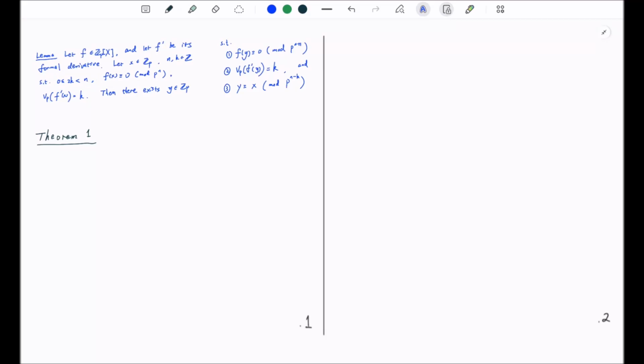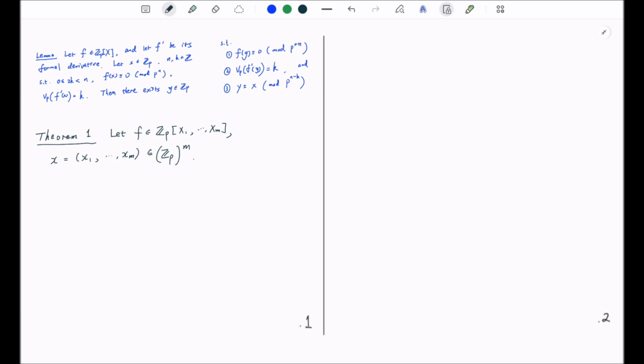Now we'll use this lemma to prove the main theorem in this section. The theorem states as follows. Let f be a polynomial in m variables over Zp, the ring of p-adic integers. And let little x be a vector with m components over Zp.